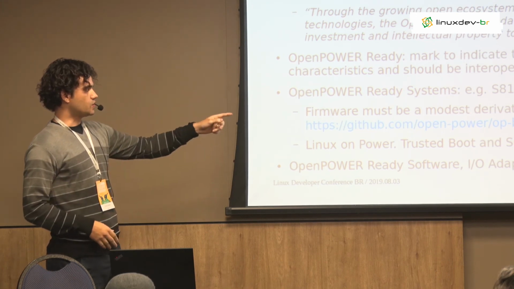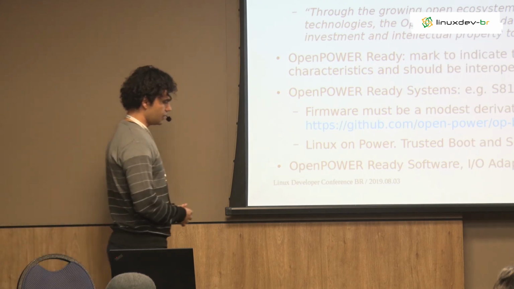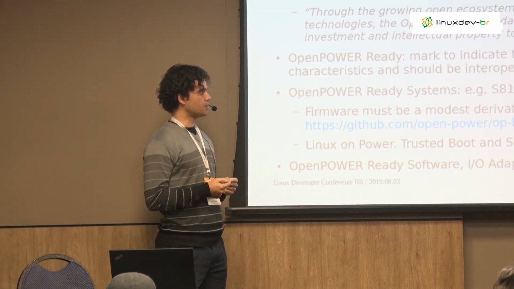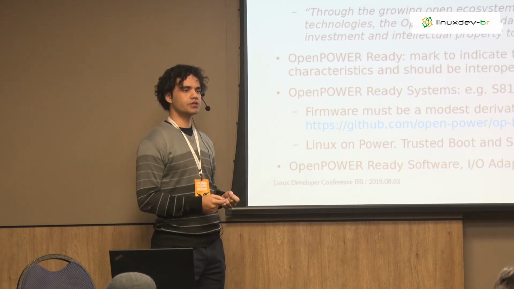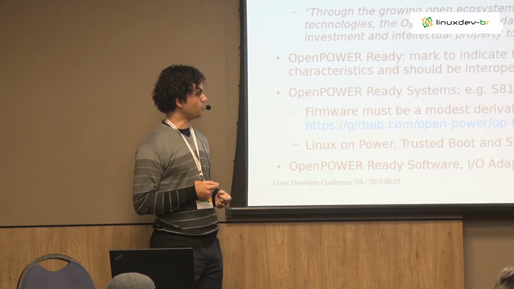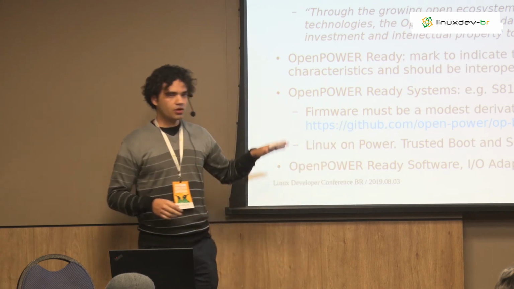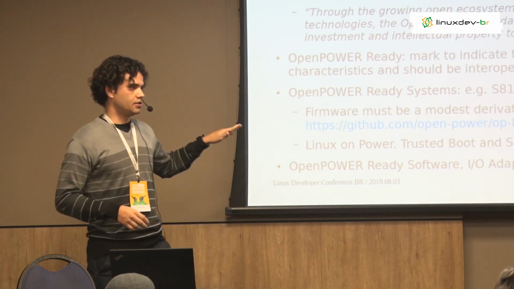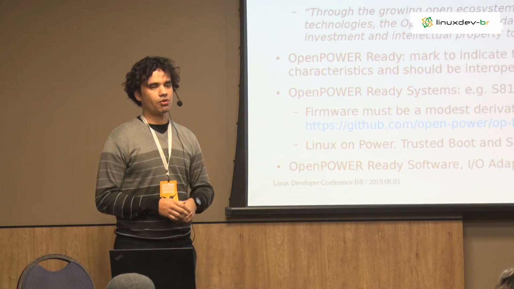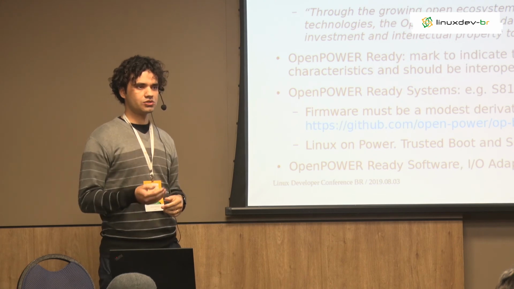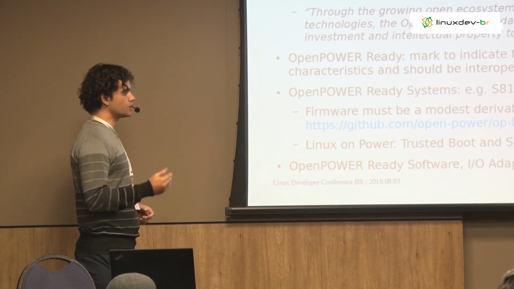So if the system is also Trusted Boot and Secure Boot OpenPOWER Ready, it means that it also meets the minimum set of characteristics for Secure Boot and Trusted Boot. All these characteristics are defined by the OpenPOWER Foundation. And I'm going to talk about Secure Boot here, but not about the criteria for these systems to be claimed Trusted Boot and Secure Boot OpenPOWER Ready. I'm going to talk about the implementation, the design aspects of the firmware Secure Boot in these systems.